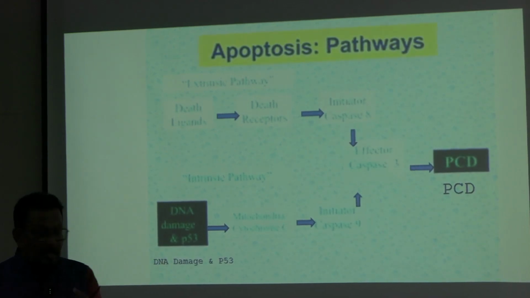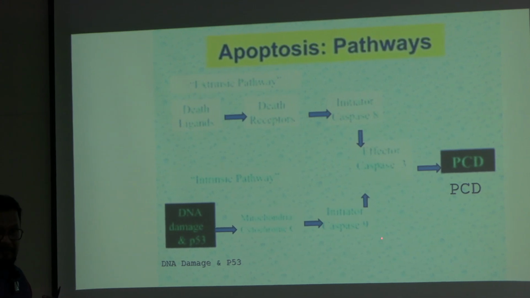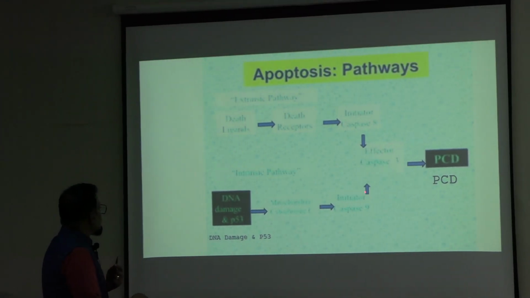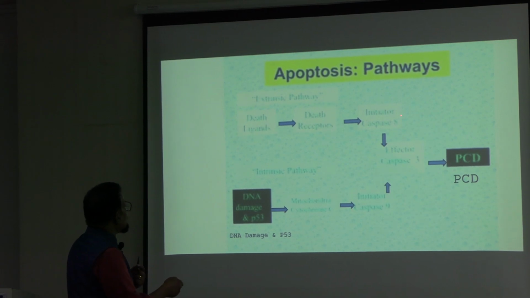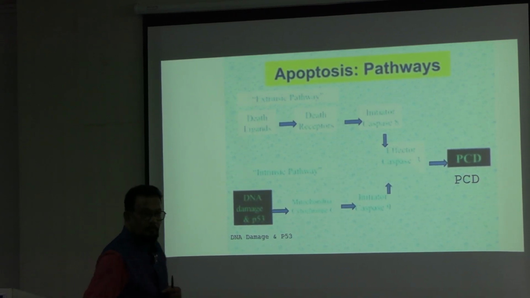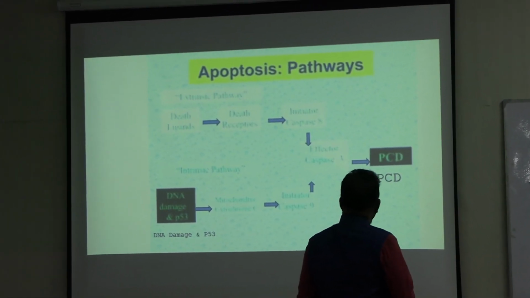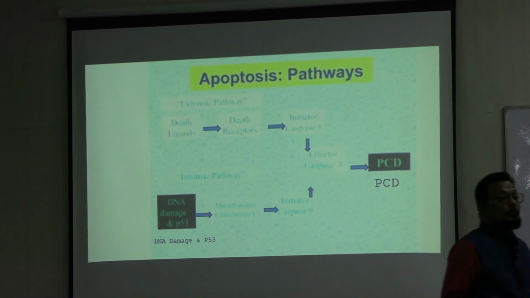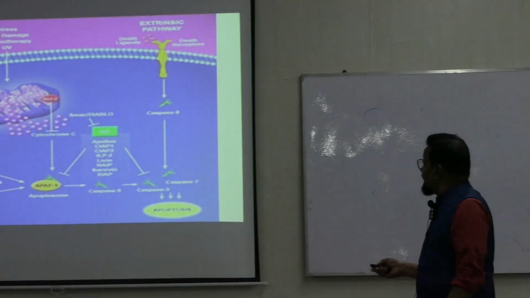The DNA will be damaged, and this will cause release of mitochondrial cytochrome C, and then it will activate caspase 9. Both 8 and 9 together cause apoptosis. PCD means programmed cell death, apoptosis.